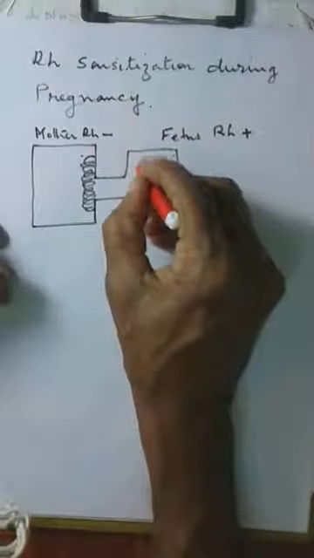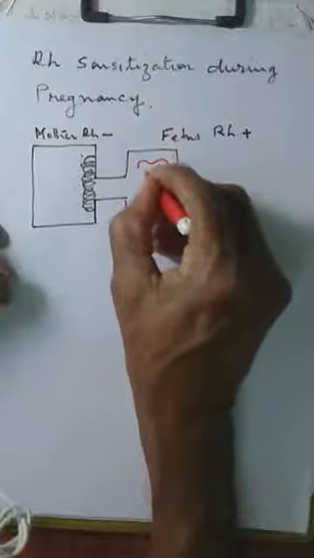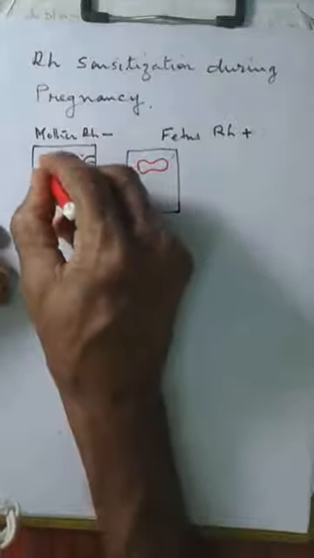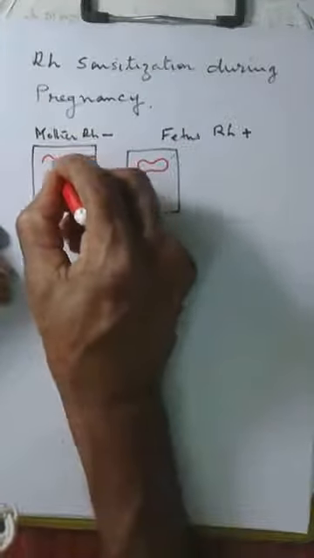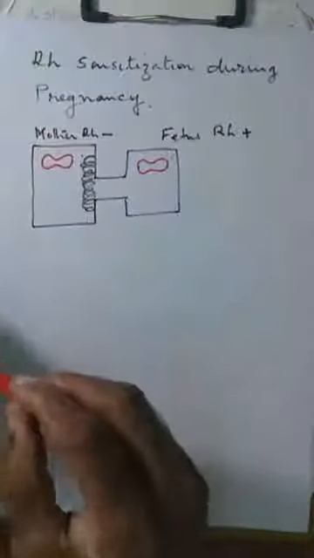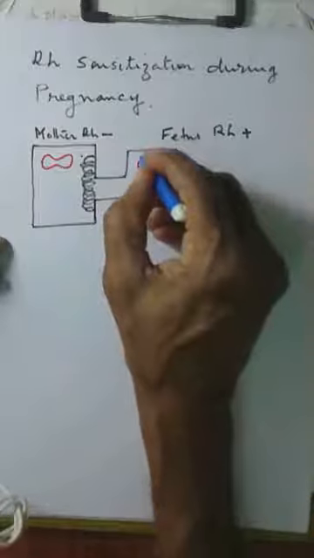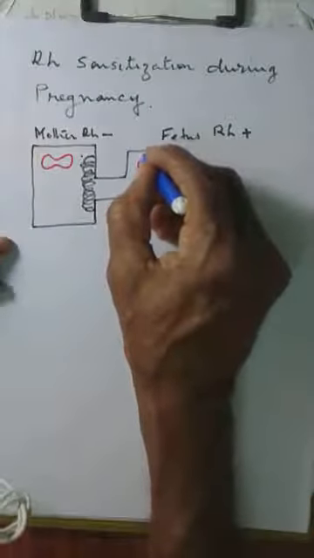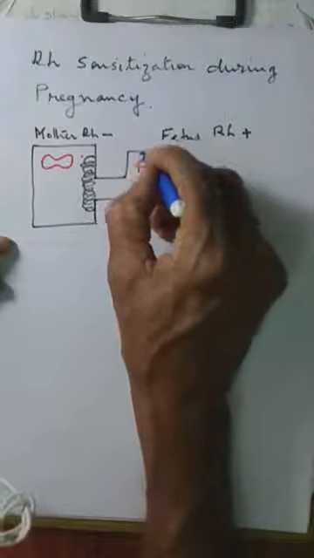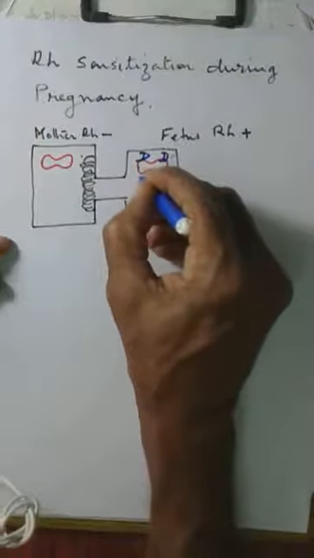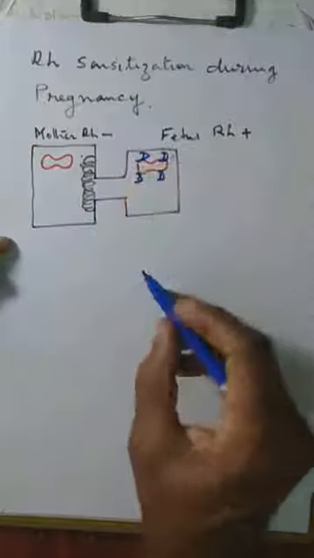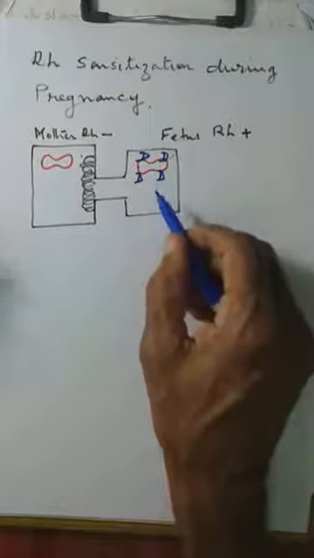The fetal RBC is here. Maternal RBC is here. On the fetal RBC, there is antigen D. D means RHD.